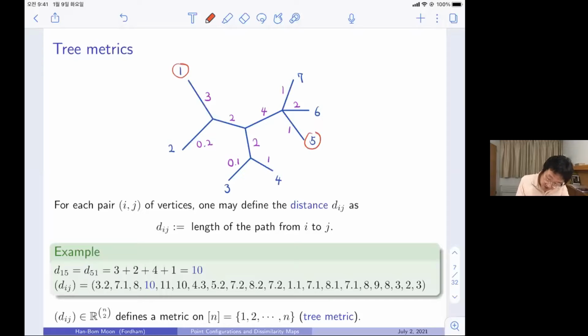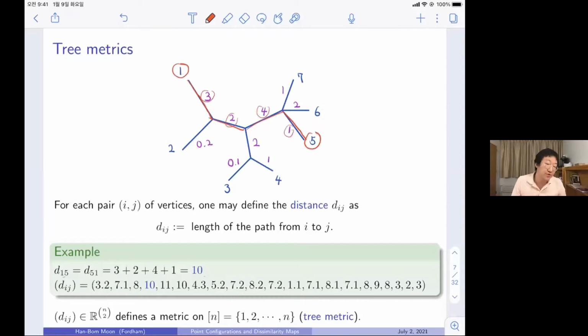We take the unique path from vertex 1 to vertex 5, then we simply add the lengths of the edges on the path. For instance, in this example, the distance from 1 to 5, d_15, is 3 plus 2 plus 4 plus 1, which is 10.